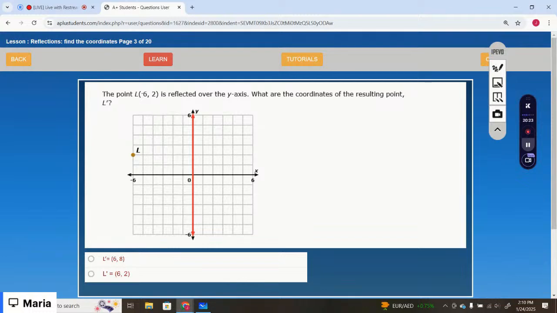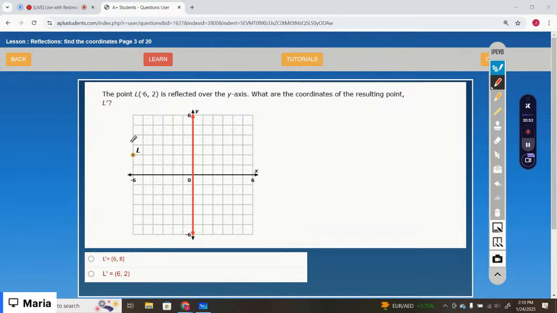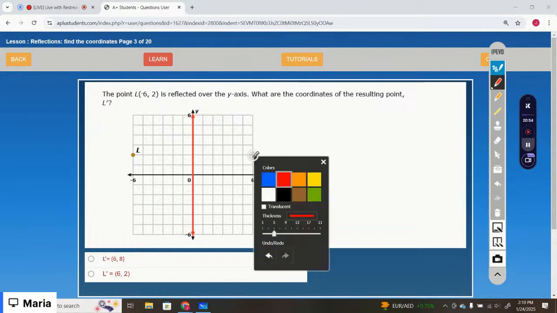The point L negative 6, 2 is reflected over the y-axis. What are the coordinates of the resulting point L dash? So that is reflected over the y-axis. The new coordinates are exactly on the opposite side of the y-axis. The distance from x and y coordinates are exactly the same, right?